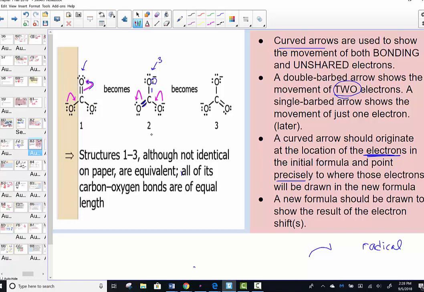As I move from structure 2 to 3, what's changed? Well, in this direction we had a double bond. Over here we don't. So I'm going to move a pi bond, the delocalized bond, back to the atom of oxygen. It now has those 6 electrons with the -1 formal charge.